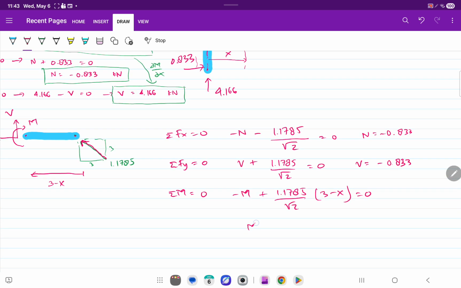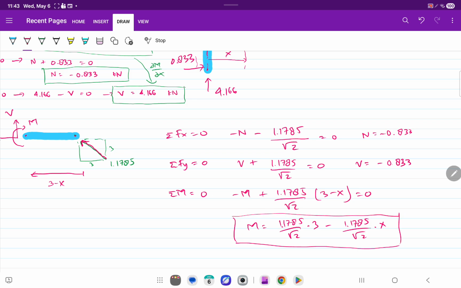So your moment will be 1.1785 square root of 2 times 3 minus 1.1785 square root of 2 times x.